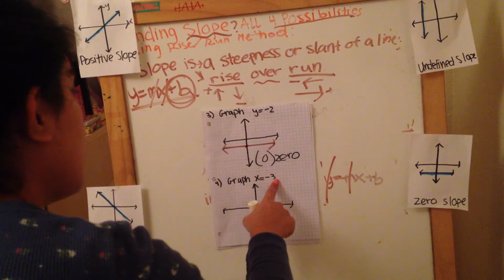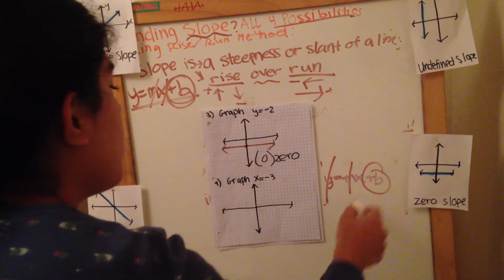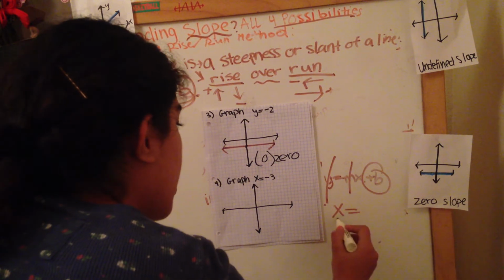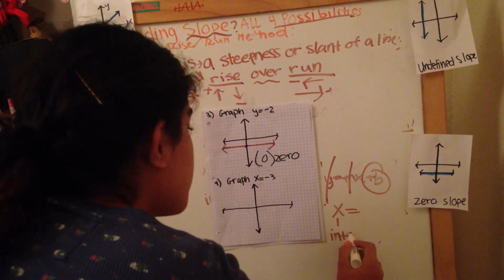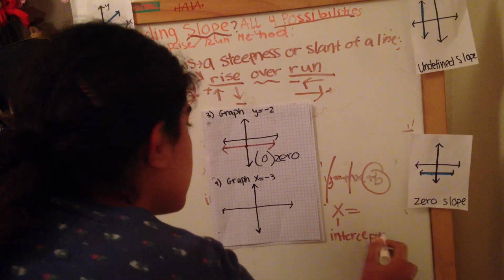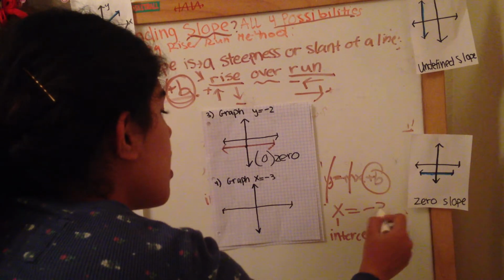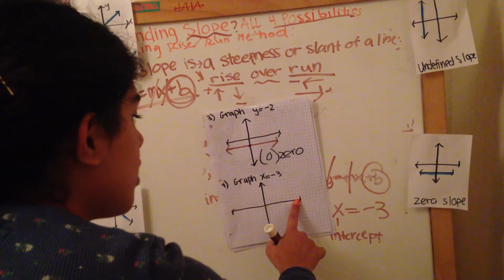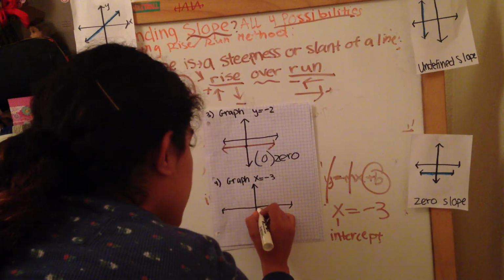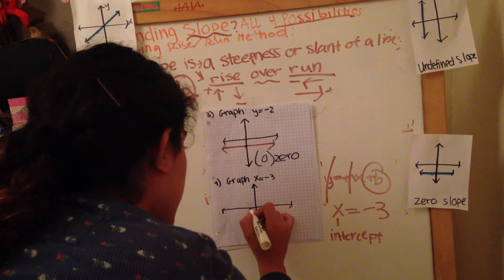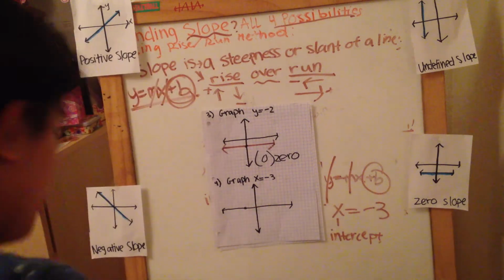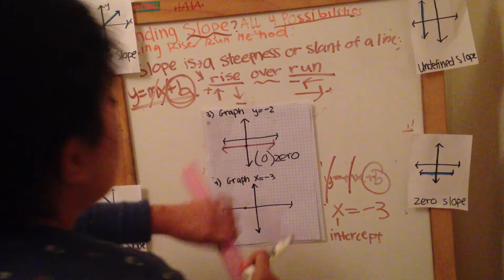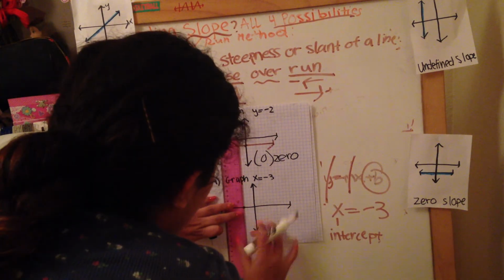X equals negative 3 only gives you a b, the x-intercept. Starting point is negative 3. Therefore, on the x-axis, you locate negative 3. Since you have no rise or run or slope, you do not rise or run.